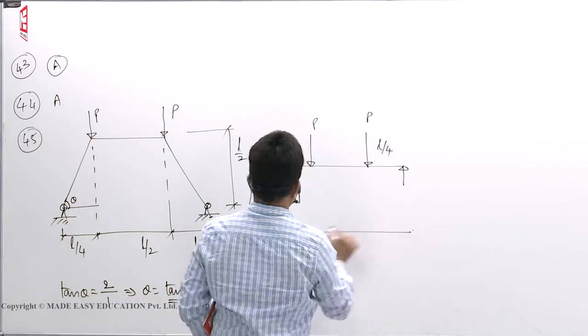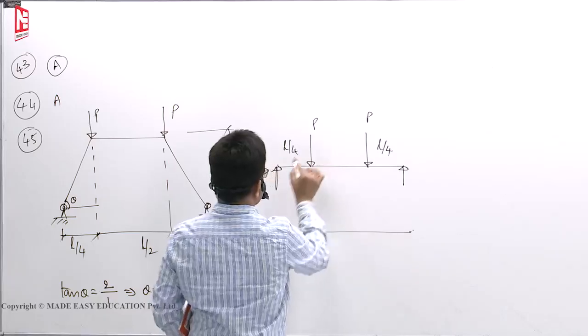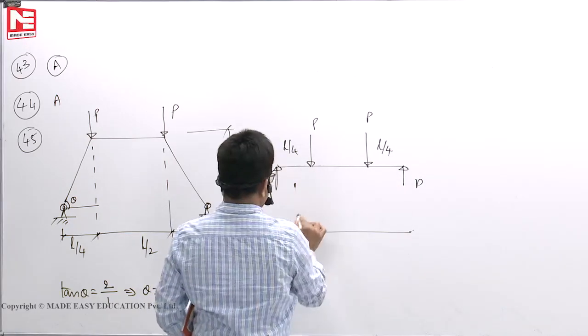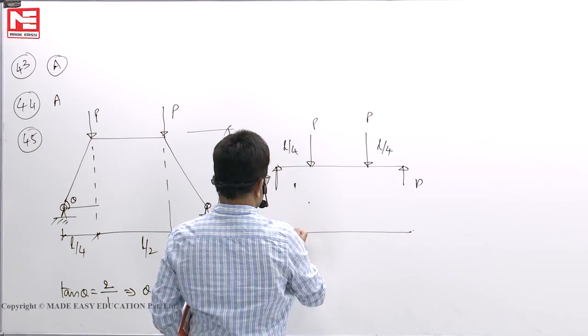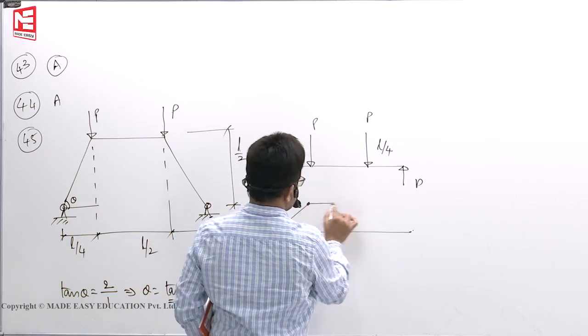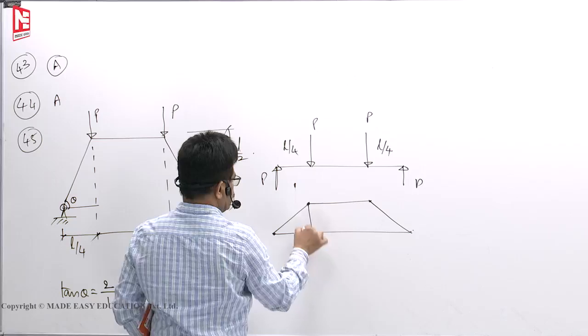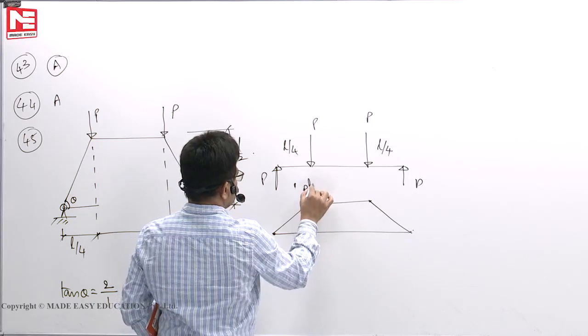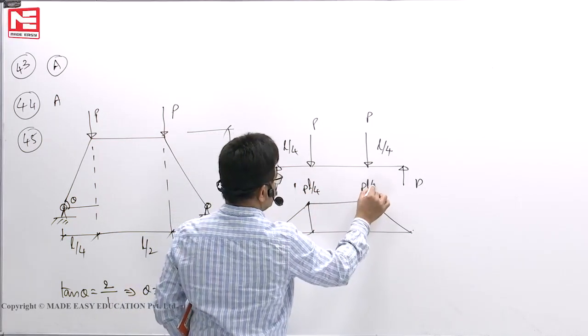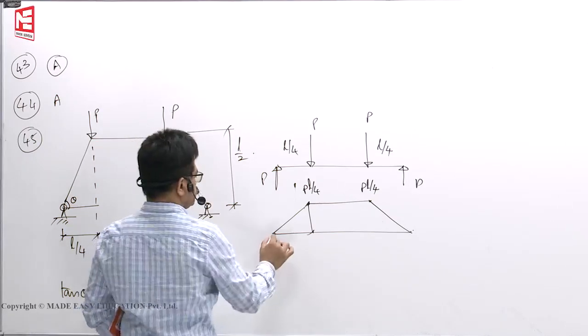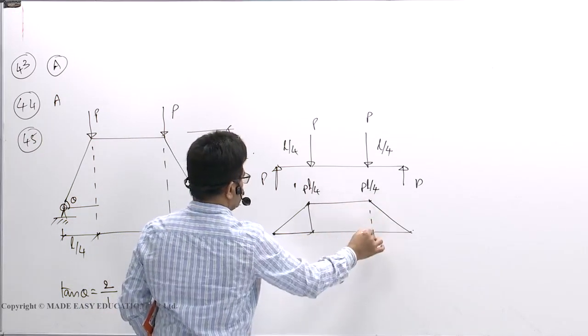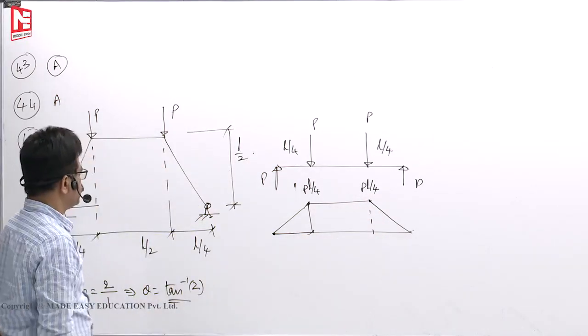What's the bending moment diagram you will get? This is P here, P here, P into L by 4. This is like this. This height is PL by 4, PL by 4. This is the shape of the BMD.